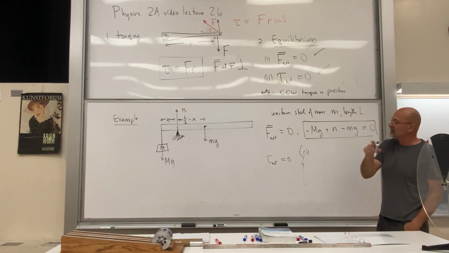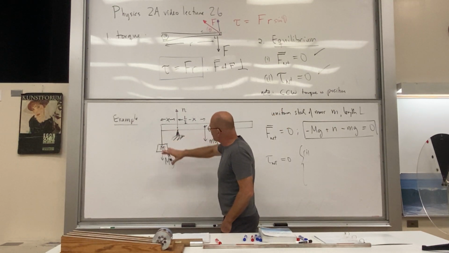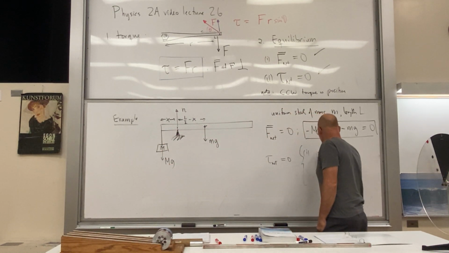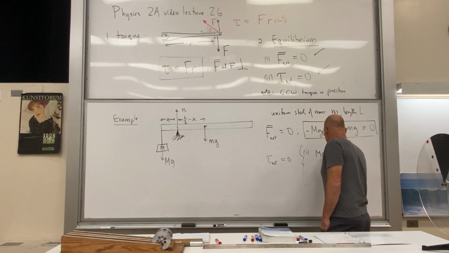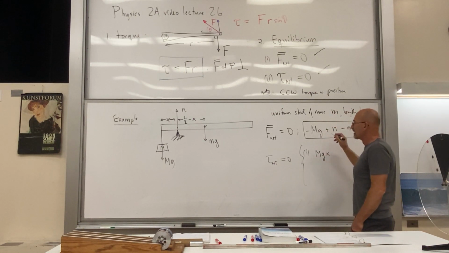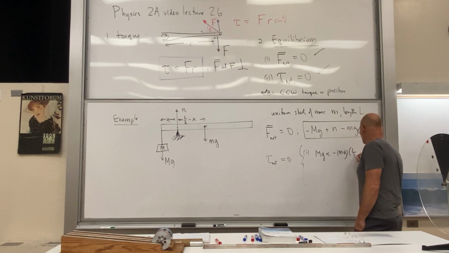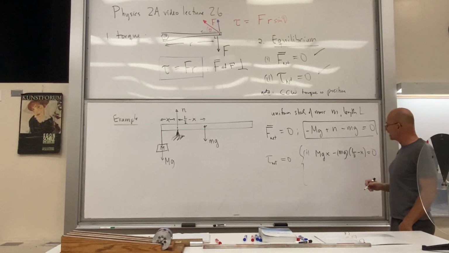So one way to do these torques would be to say this counterclockwise torque, we can say Mgx minus mg times L over 2 minus x equals 0. That would be one way to get the net torque to be equal to 0.